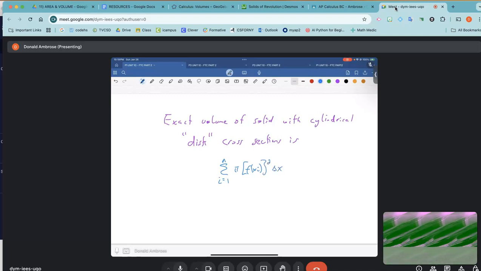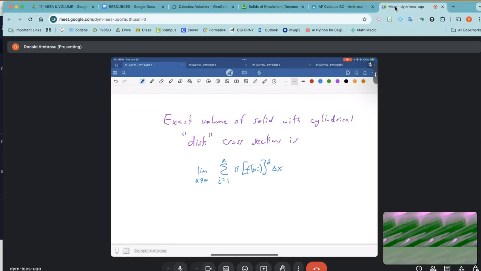And again, this would be the volume of n cylindrical disc cross sections, but we have to send that off to infinity. And what notation have we used to help send something off to infinity? Well, that's going to be the limit as n races off to infinity. And that technically represents the exact volume of this solid formed by revolving the region about the x-axis.